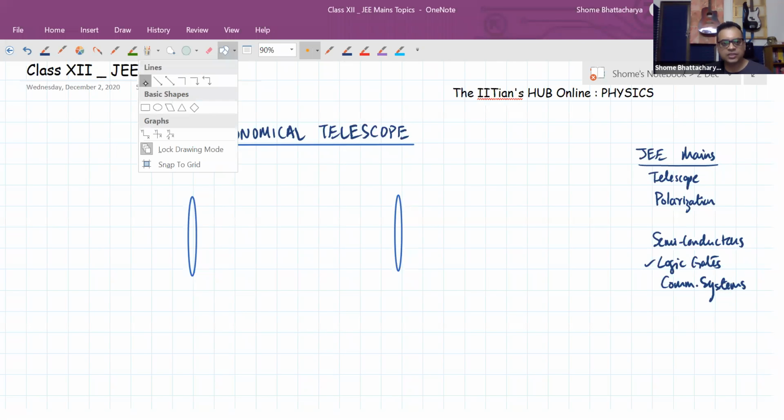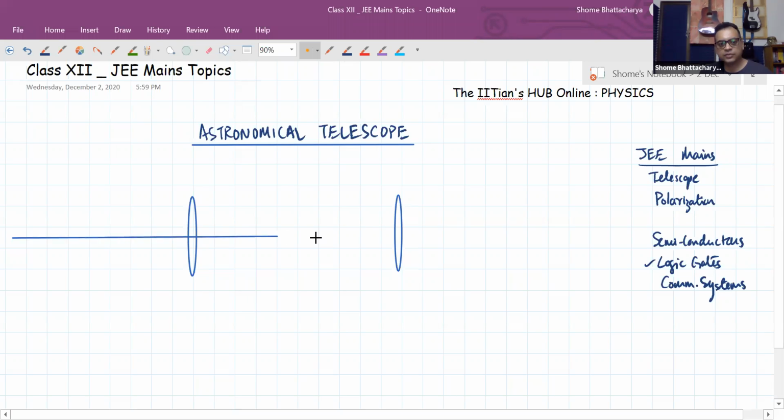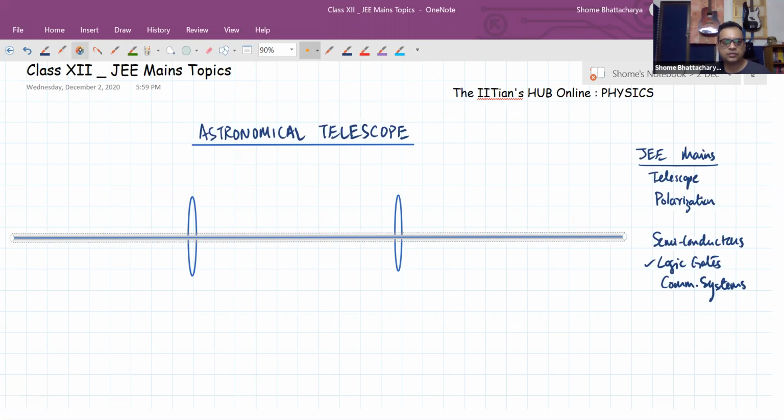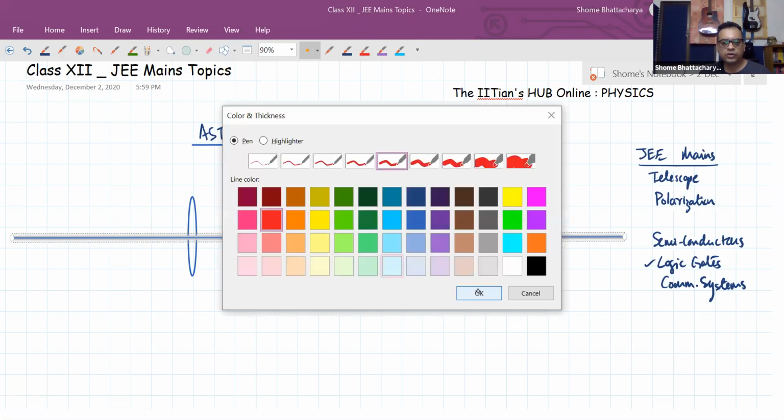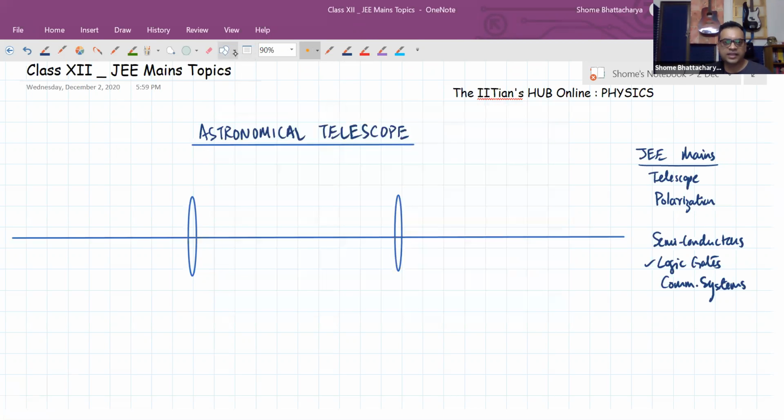What is happening in this situation is that the object is very far away. Remember we had discussed the angular size of an object earlier. So that becomes important over here. The ray diagram I'm drawing, the angles shown are exaggerated, but you have to understand that we are talking about very small angles here.